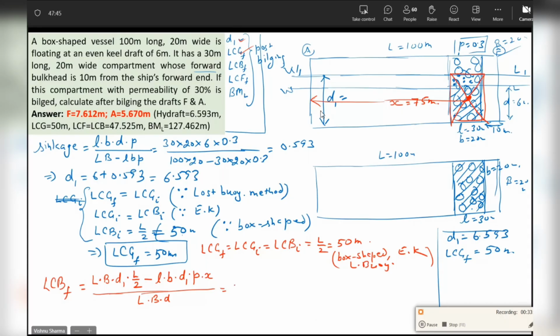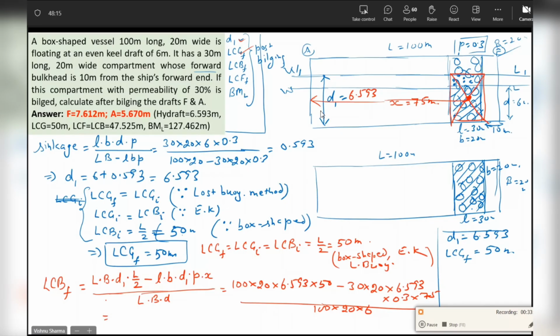So 100 into 20 into D1, which is 6.593, into 50 minus 30 into 20 into 6.593 into 0.3 permeability into 75, divided by 100 into 20 into 6.593.